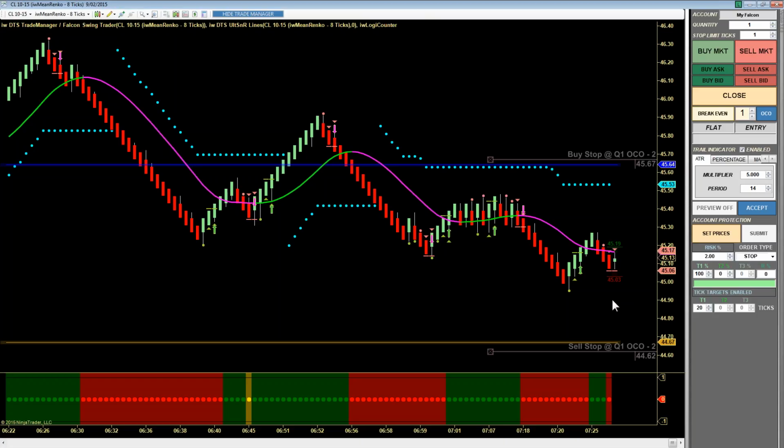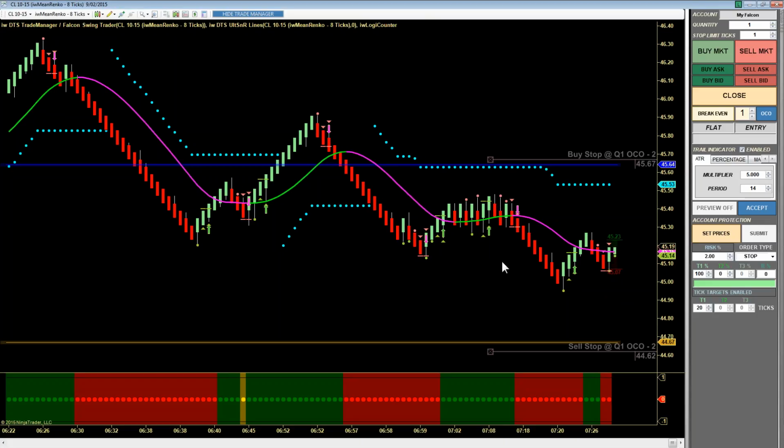Now, I'm no programmer, but I believe NinjaTrader is based on C++ or something like that. Anyways, the programming language actually enables us to run these very complex algorithms, especially this bad boy here, this trade manager.